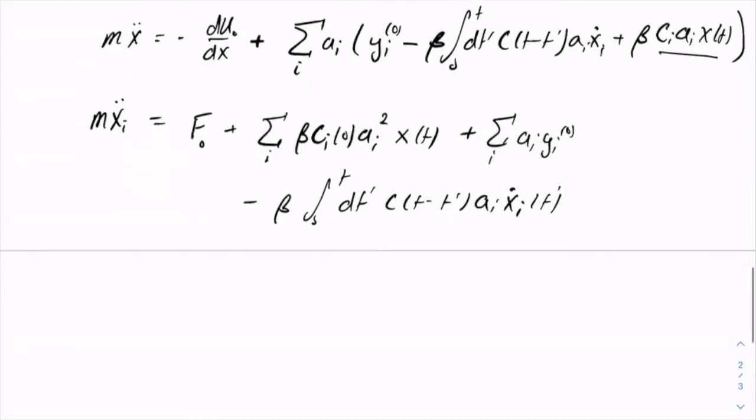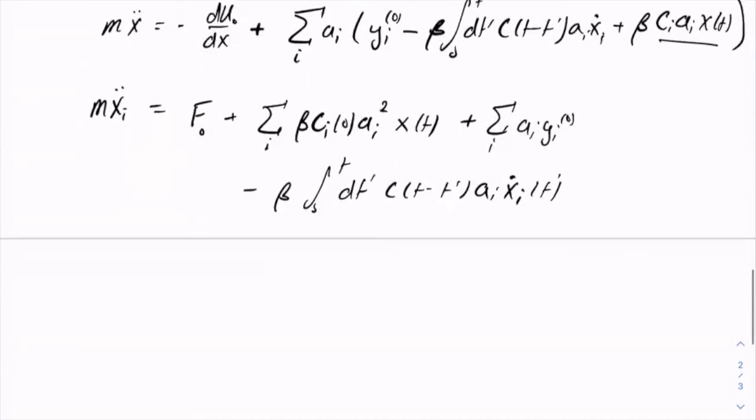Let's go ahead and rewrite this one more time to simplify it even further. So let's identify CB as a total correlation function of the bath.